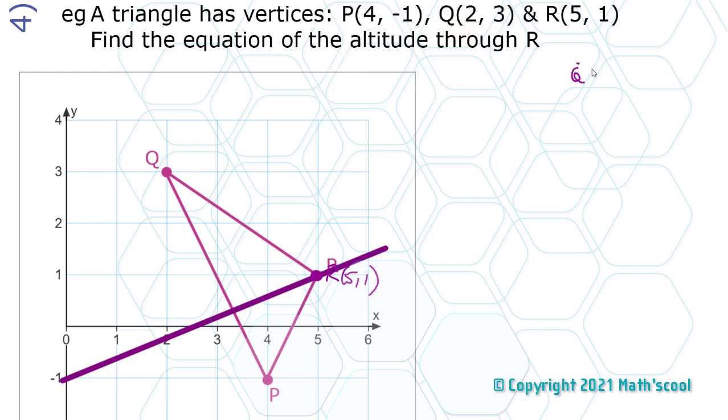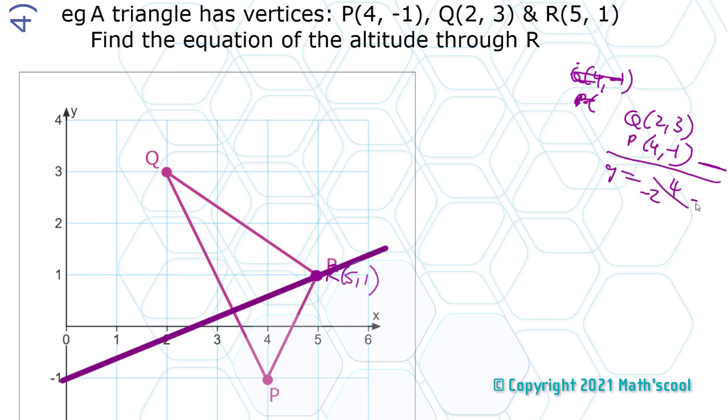Q is (2, 3), and P is (4, -1). And we want to find the gradient, so we subtract, so that's going to be -4 over 2, and so the gradient is -2. So this line has got a gradient of -2. This is going to be the perpendicular gradient, the negative reciprocal, so this is going to have a gradient of 1/2.